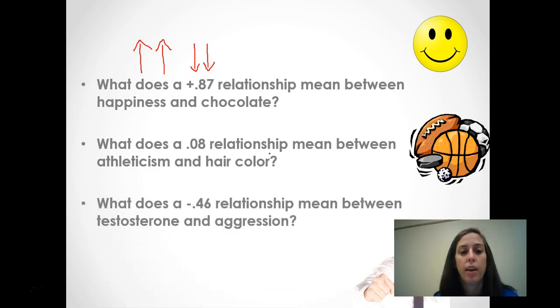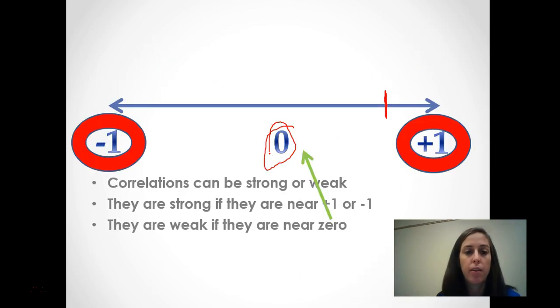All right, this one. A negative 0.46 relationship between testosterone and aggression. I want you to figure that one out in your head real quick, and then we'll talk about it. Okay, so I'm going to go over here, negative 0.46, so that's like right here, right?